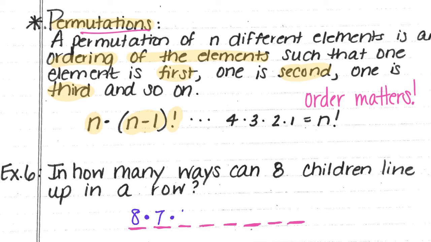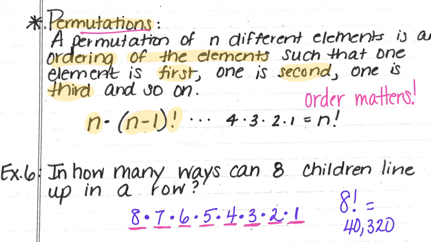Now 2 have been taken, so 6. 3 have been taken, so 5, and you get the point. 4, 3, 2, 1. Where have you seen this? Good. You have seen this in our factorial. So remember that this is just 8 factorial, and the answer to 8 factorial is there are 40,320 different ways in which these children can line up in a row.